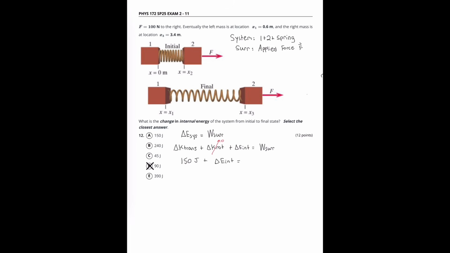So we recall that work is equal to our force times our change in r. And notice that this is not about the center of mass this time, unlike the translational kinetic energy. This change in r will involve x2 to x3.